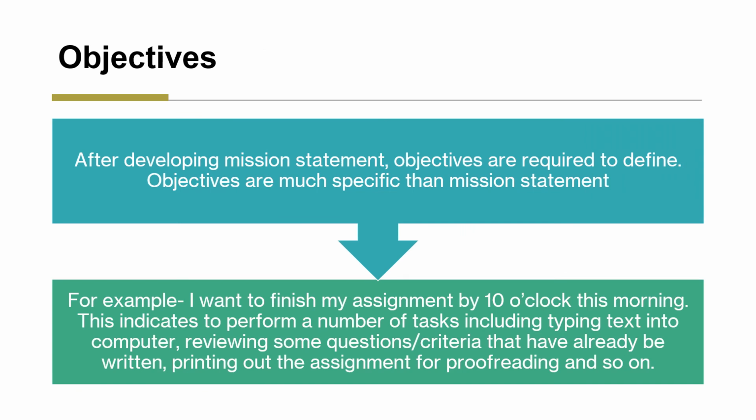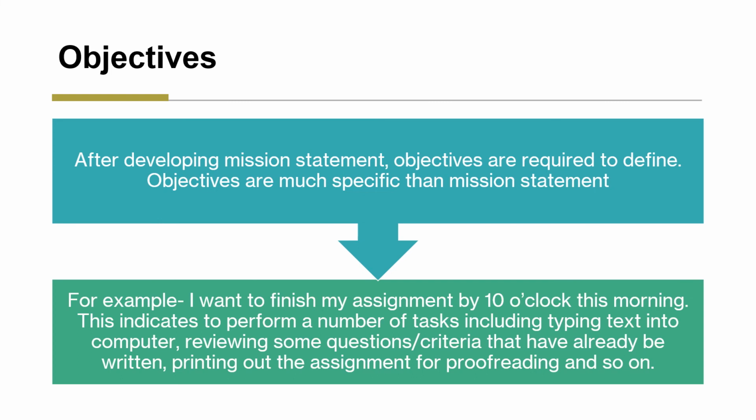And after you identify the vision and the mission, next is the objective. Okay, so the objective is required to be defined, and it is much more specific than the mission statement. It is how you achieve something. So for example, I want to finish my assignment by 10 o'clock this morning.